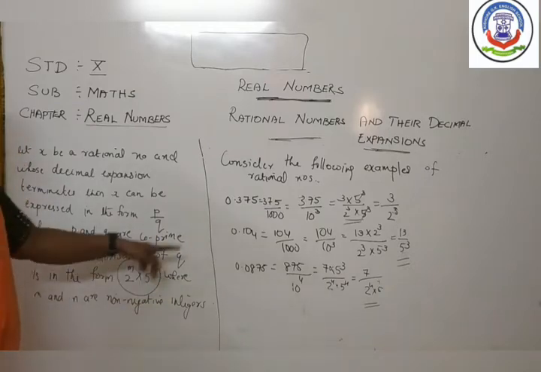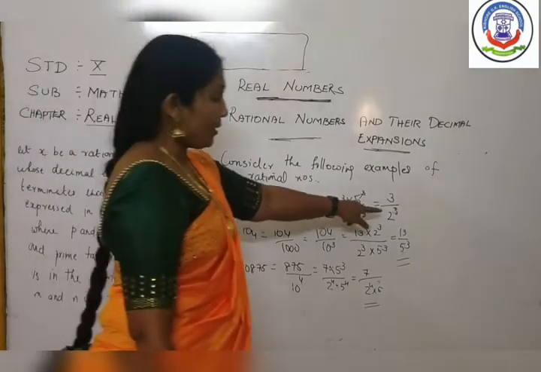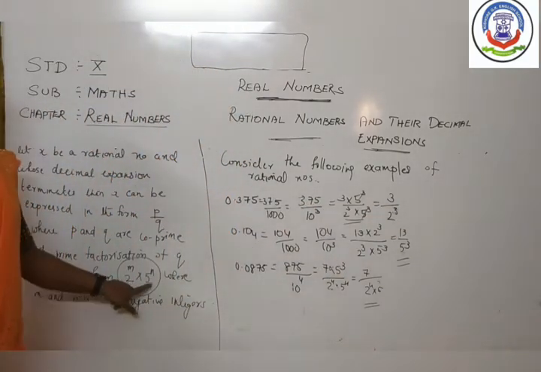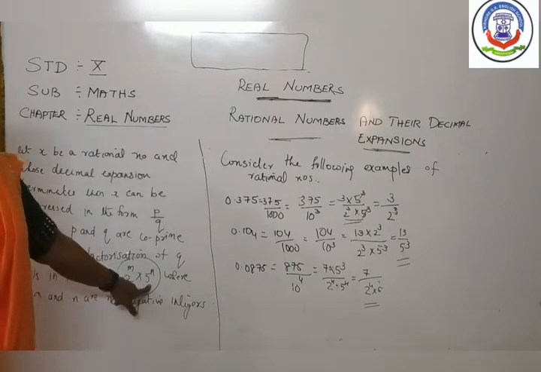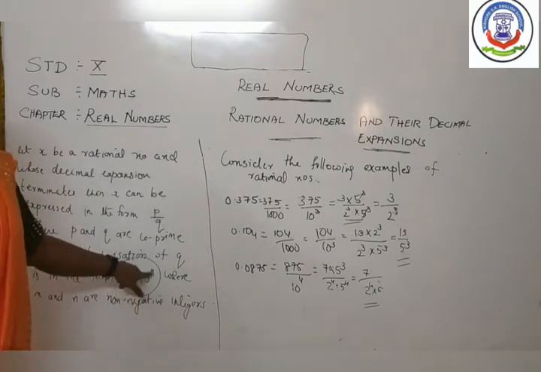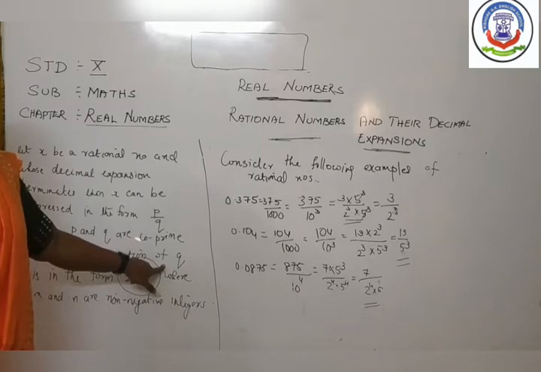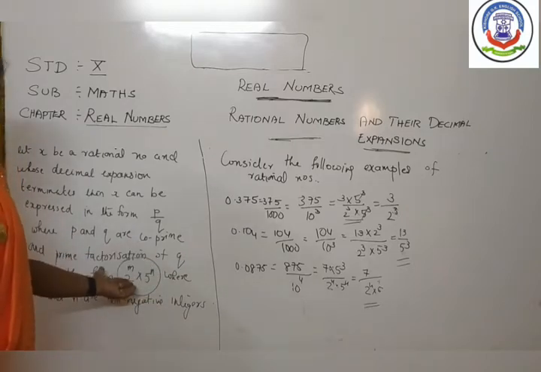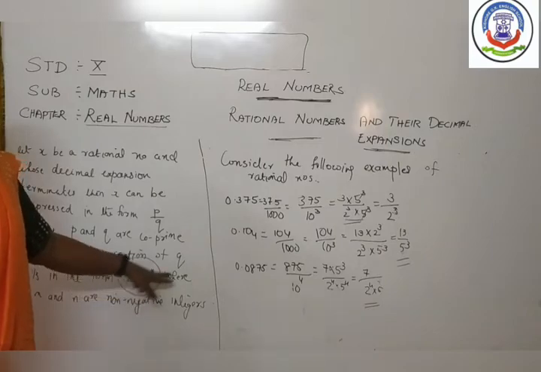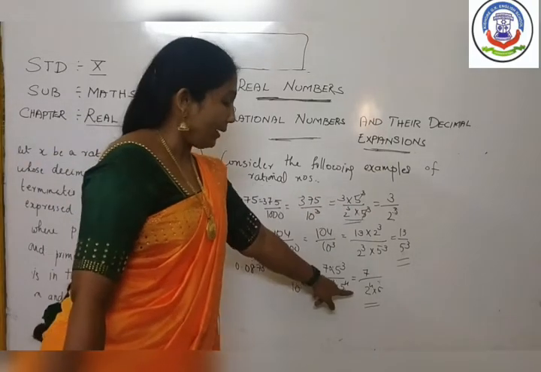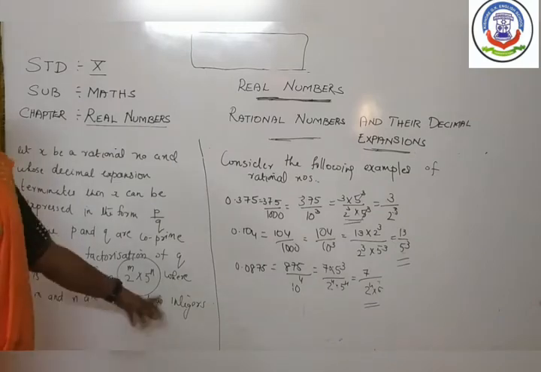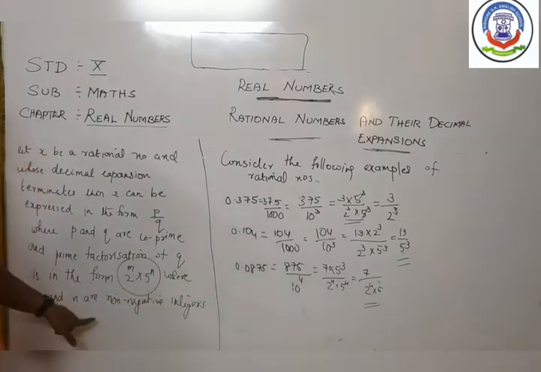And the prime factorization of q, that means the denominator's factors, are in the form of 2 raised to m into 5 raised to n. That means 2 raised to some power multiplied by 5 raised to some power n. It is not necessary that both should come. Sometimes only 2 can come, sometimes only 5 can come. I showed both examples here. Otherwise both 2 and 5. The condition is that m and n are non-negative integers.